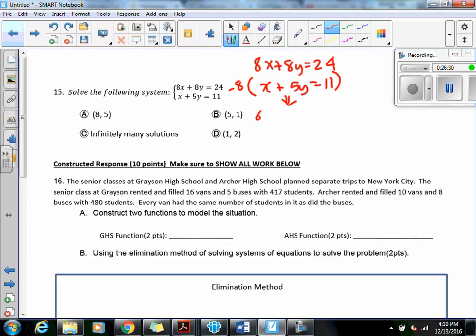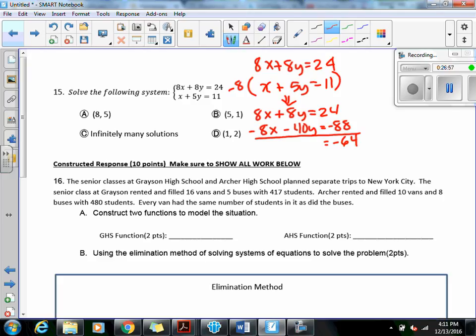So the first equation stays the same. The second equation becomes -x minus 40y equals -88. Let's do our math. 88 minus 24 is 64, but it's going to be negative since the absolute value is larger, so we have -64.